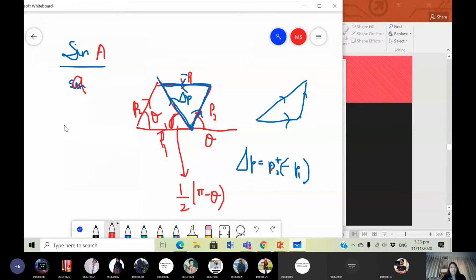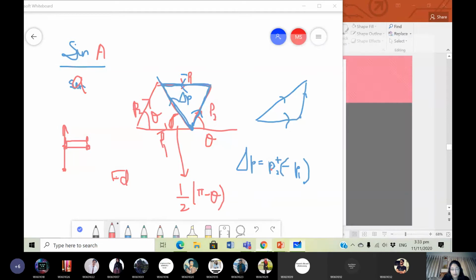In torque, we have the perpendicular distance to the line of action of a force, right? If this is the line of action of a force, and here is a particle, this is the force, okay? So torque will be considered as the force times the perpendicular distance. I think it's a cross product, right?